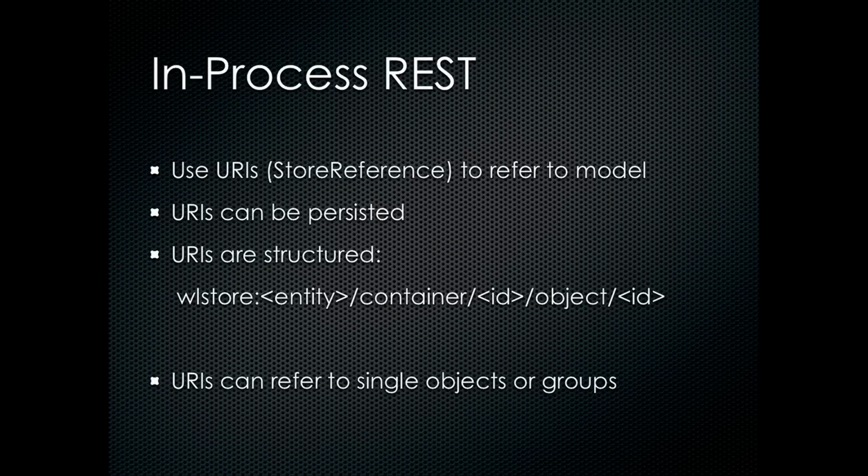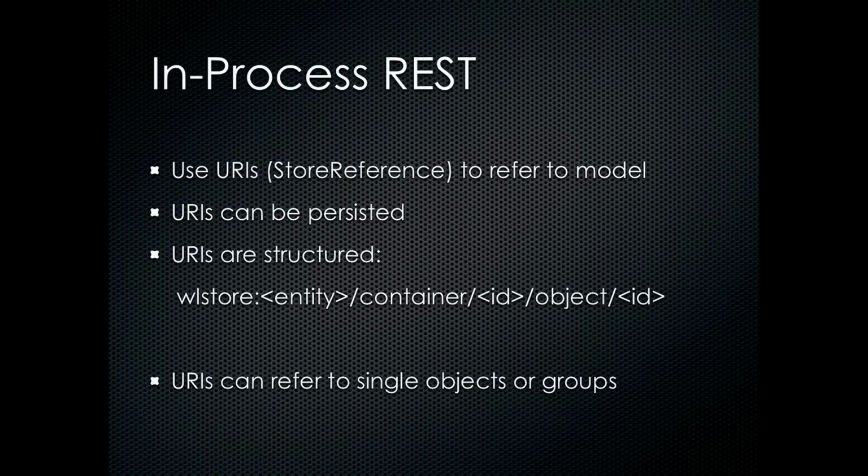They can be persisted, right? A pointer is kind of difficult to persist if the object isn't around anymore. They're structured. In this case, we use WL store as the scheme, and then we have an entity type that's like a list or a task or something, and then we have a container. So if you have a task, it lives in a list as its container, and then you have the object ID. Right?